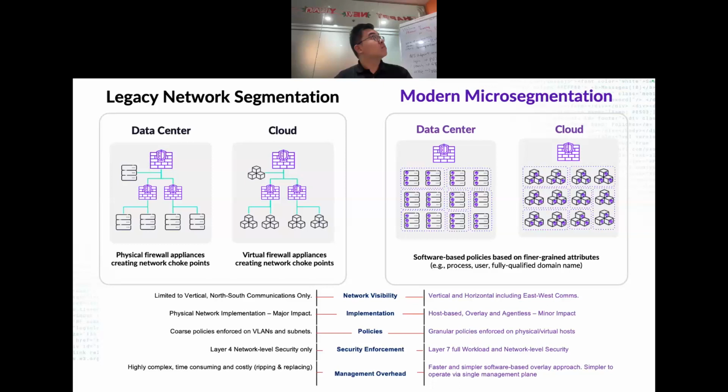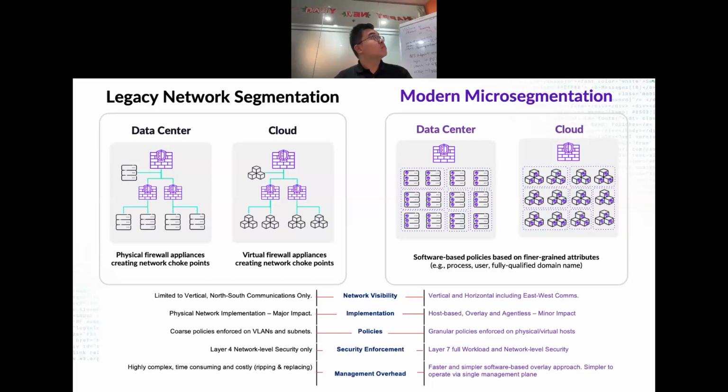So it tells you which particular process in the system is talking to another server. They're not just looking at the server IP address and port number. This is already outdated. And nowadays, a lot of financial customers are actually looking into this microsegmentation because of this benefit. It can look into the process level.